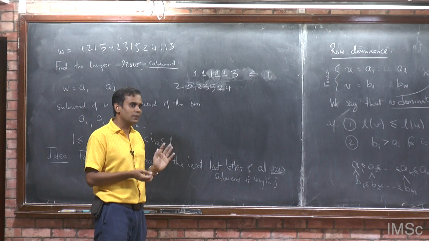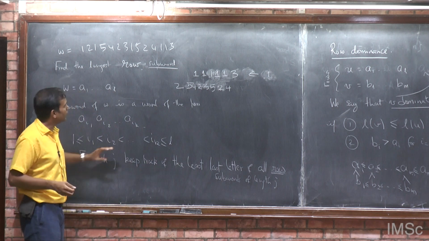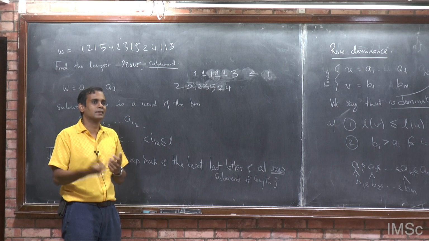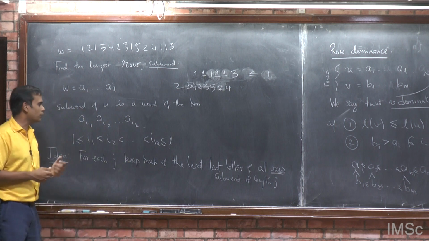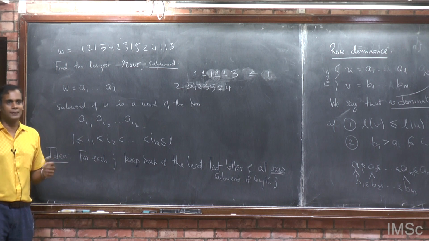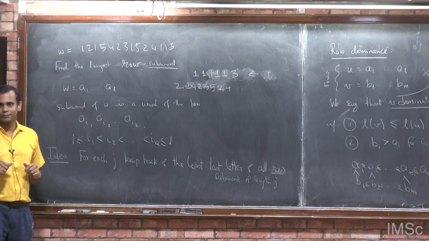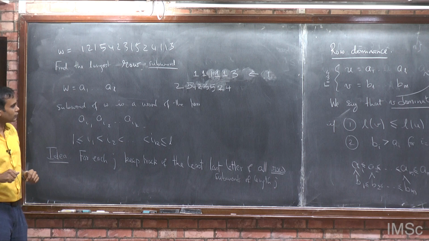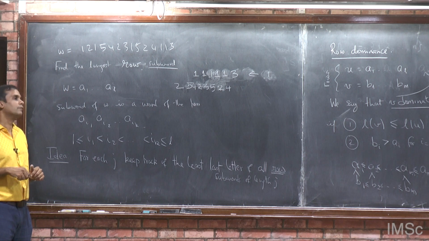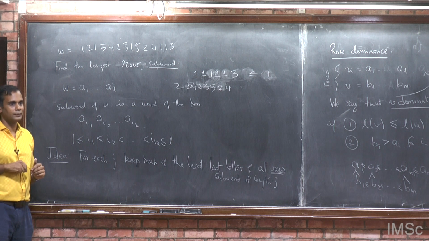You start with a word and you just keep track of this in the form of a table like this, where you just list the least last letter of a row subword of length j for each j for which such a subword exists. It may not always give a subword.